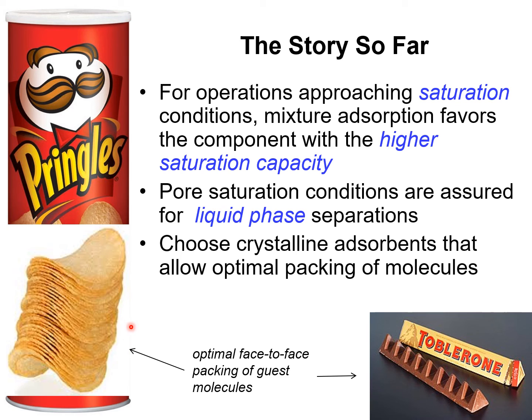The optimal packing could be, for example, face-to-face packing of crisps in a cylindrical container of Pringles, or face-to-face packing of pieces of chocolate, triangular in shape, in a Toblerone container.